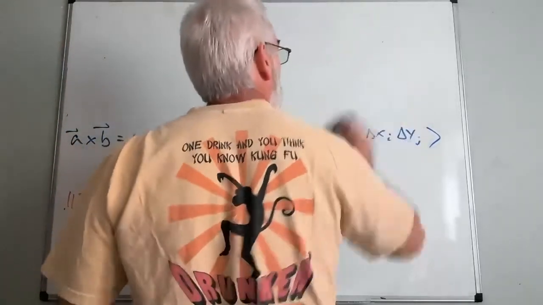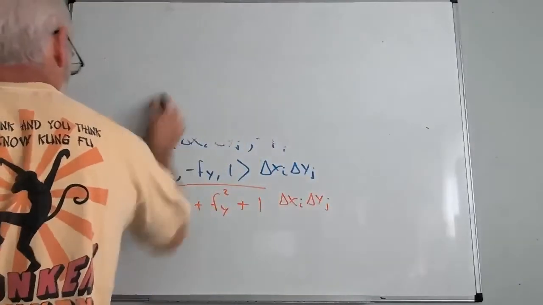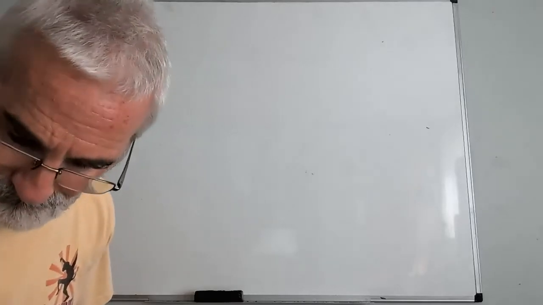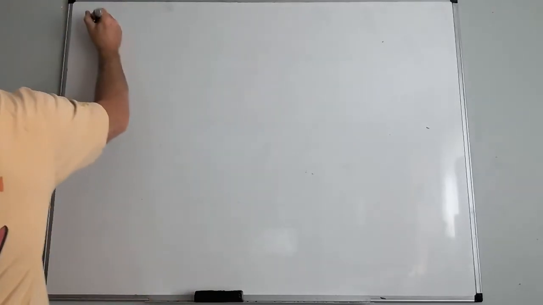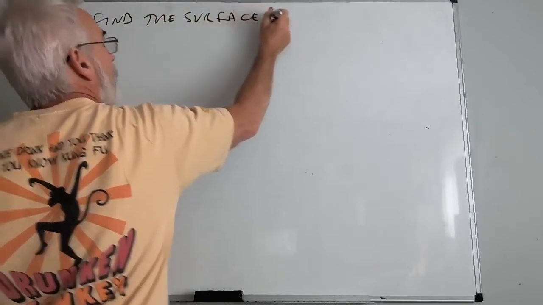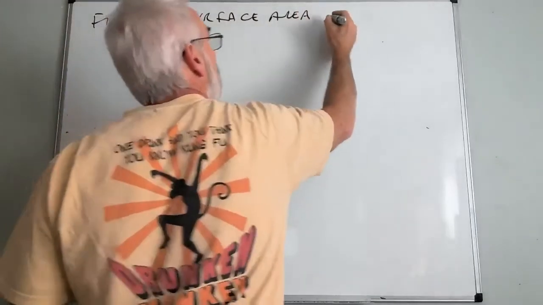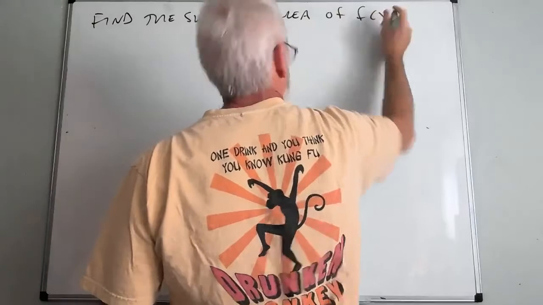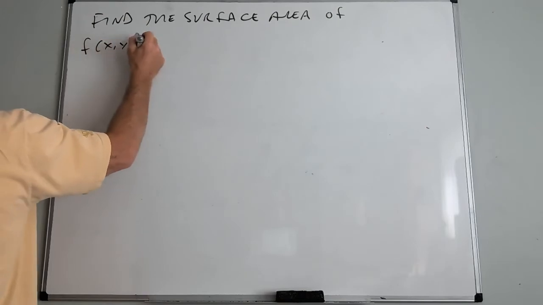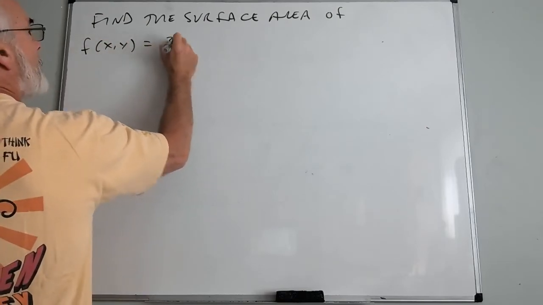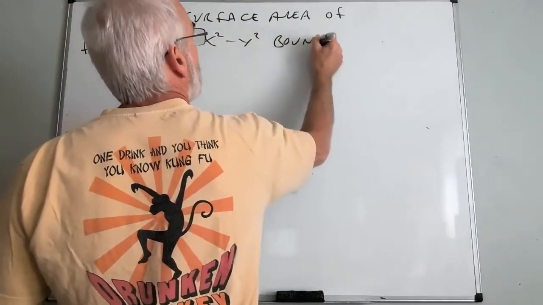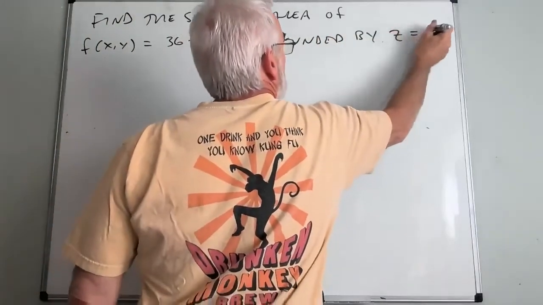All right. So let's start with a simple one. Well, simple is relative, I guess. Let's consider, we're going to find the surface area of f of xy equals, let's say, 36 minus x squared minus y squared, bounded by z equals 0.